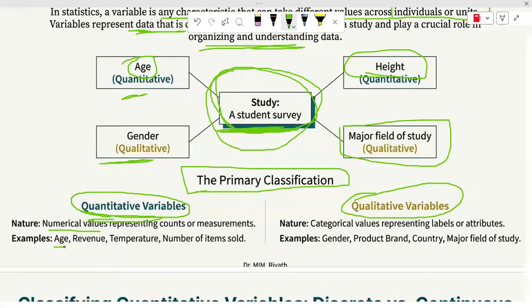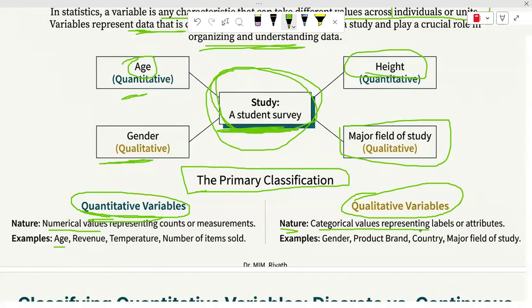And qualitative variables. When you look at the nature, these are categorical variables. Category: male or female. What's the major field of study? I'm commerce, I'm management, I'm arts, I'm engineering, I'm medicine.